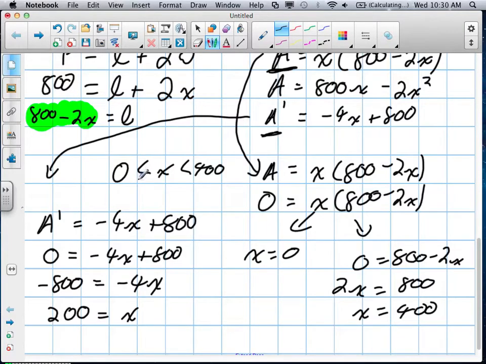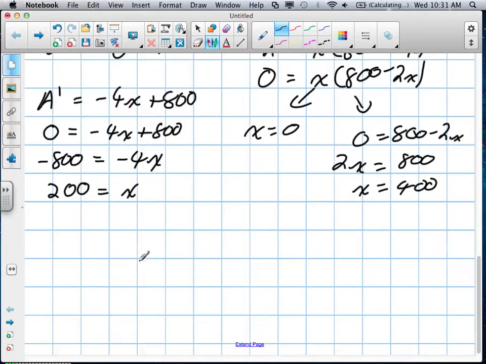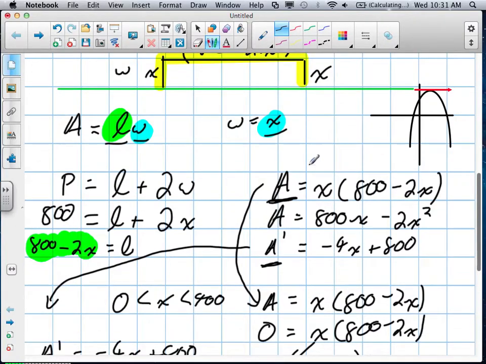Now, remember what we talked about in our last lesson. Assuming this is on an interval, starting at 0, ending at 400, and we have a turning point, or slope of 0, at 200. Those are the 3 points we're going to plug into our original formula. Really I should have made this A of x, because this is area in reference to a variable x.